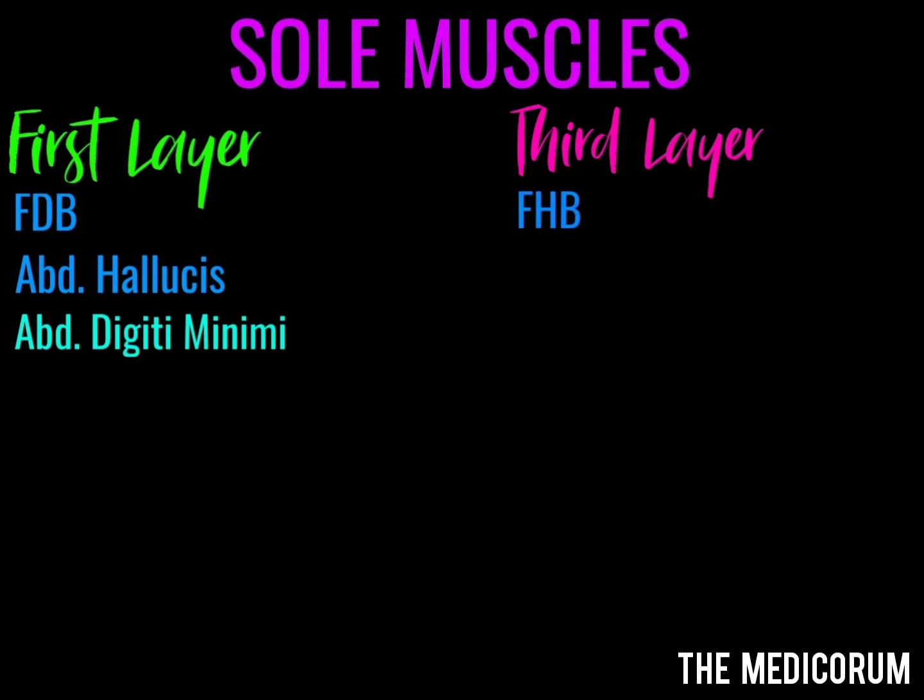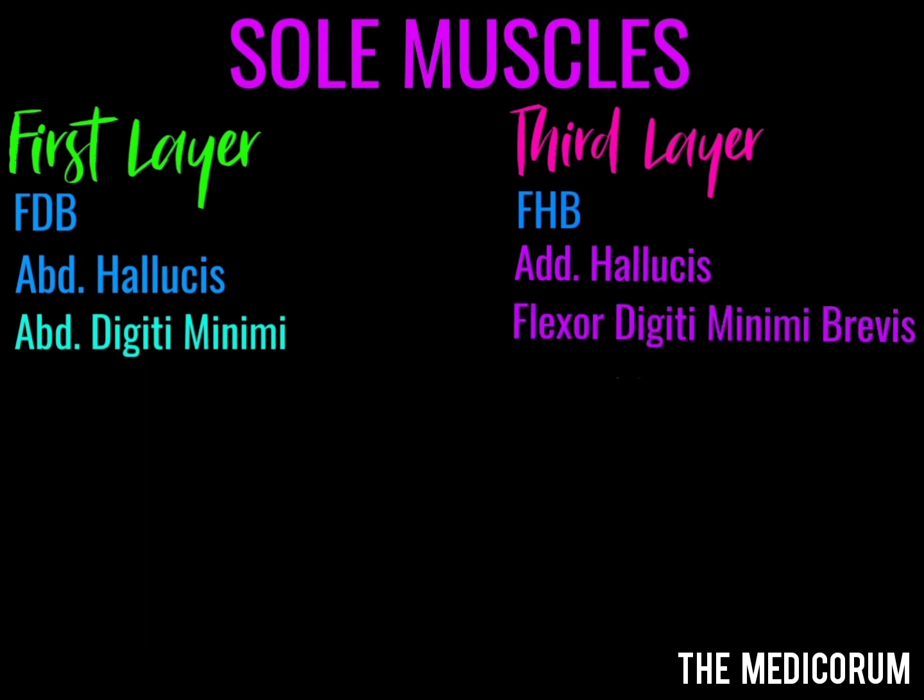There is a difference in D and H. In the first layer we had abductor hallucis. Similarly, in the third layer we will have adductor hallucis. And in the first layer we had abductor digiti minimi. Similarly, in the third layer we will also have the word digiti minimi, but the muscle will be flexor digiti minimi brevis.